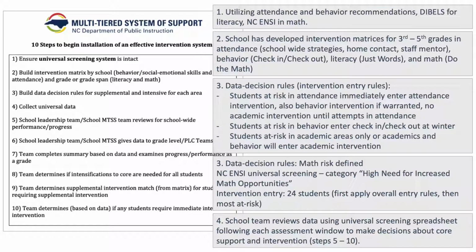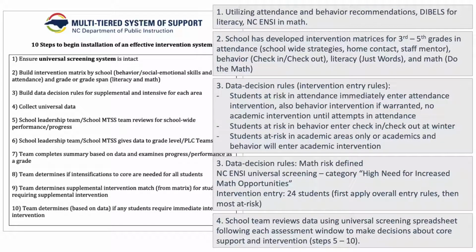In step 3, we see this school has attacked the difficult task of making some data decision rules, or intervention entry rules. We'll see here that they've determined that students who are at risk in attendance will immediately enter an attendance intervention, and those students who are at risk in attendance and behavior will immediately enter an attendance and a behavior intervention.